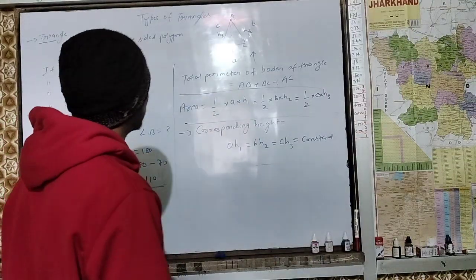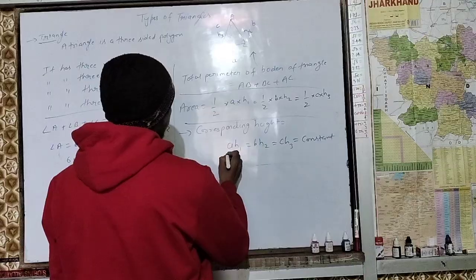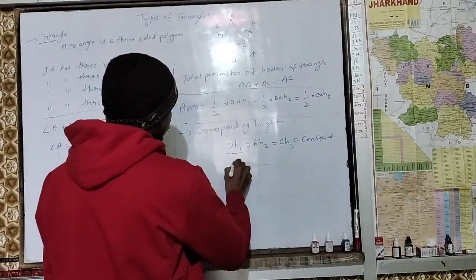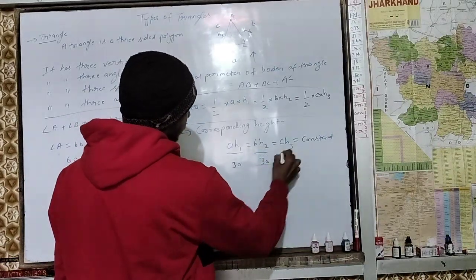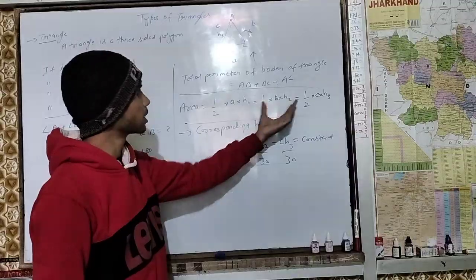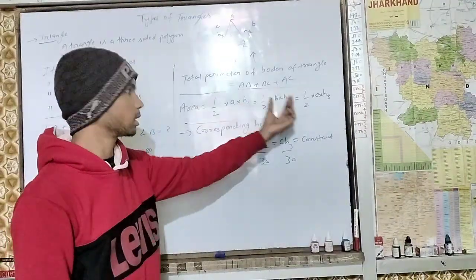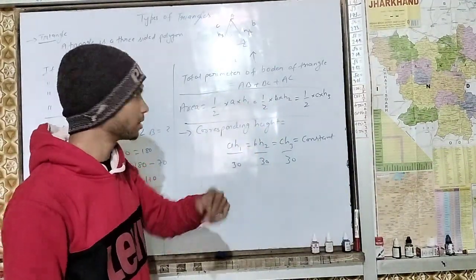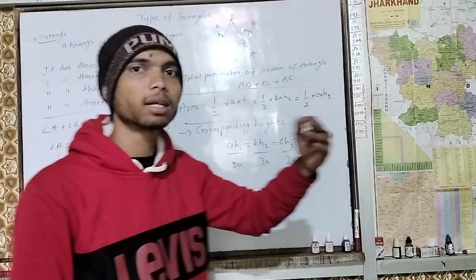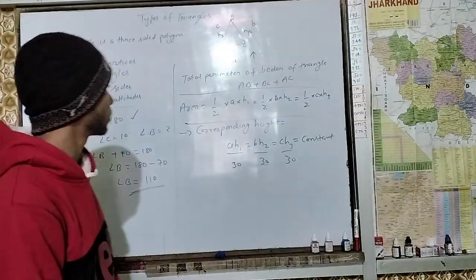If this value is 30, this also 30, this also 30, then don't take all these three things. Take only one, because these three things are equal to each other.